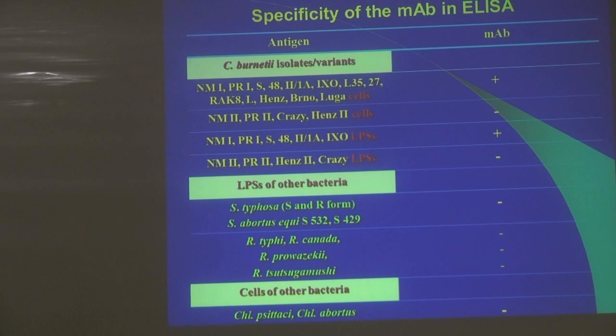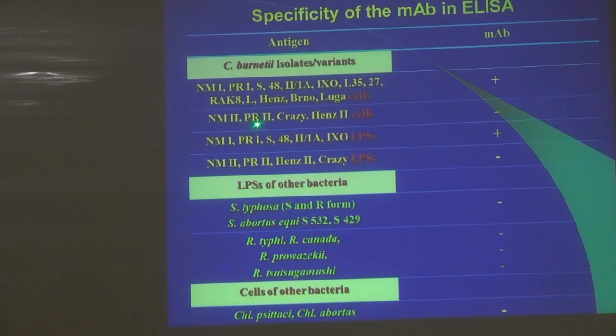And we tested this monoclonal antibody in ELISA, and we took some isolated strains, all of them in phase 1 cells, and also LPS in phase 1. All of them contain virenose, and so actually they were positive in ELISA.